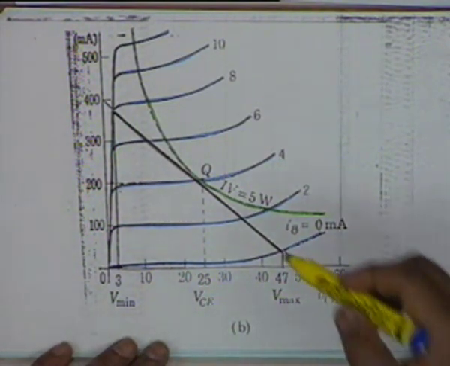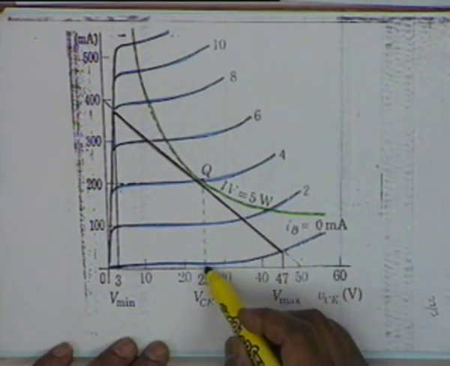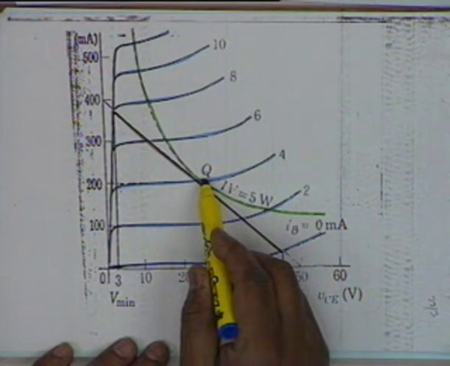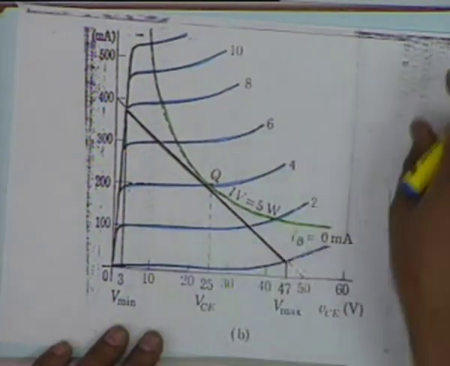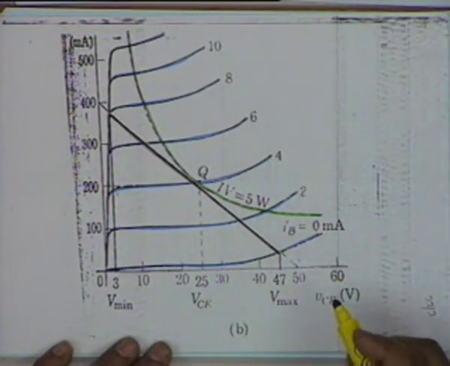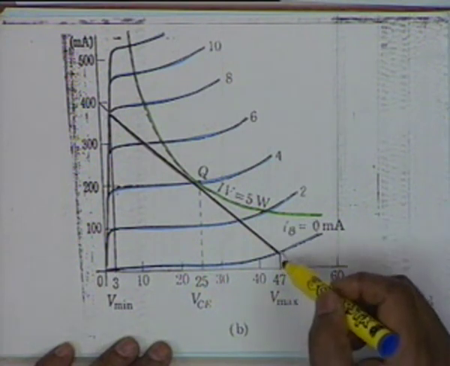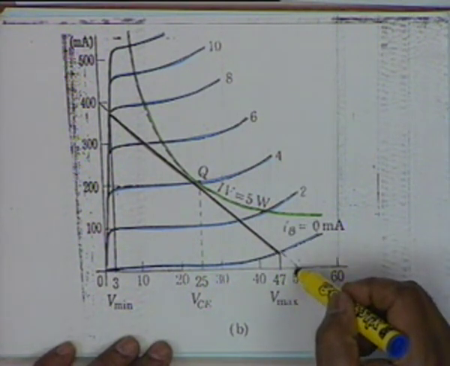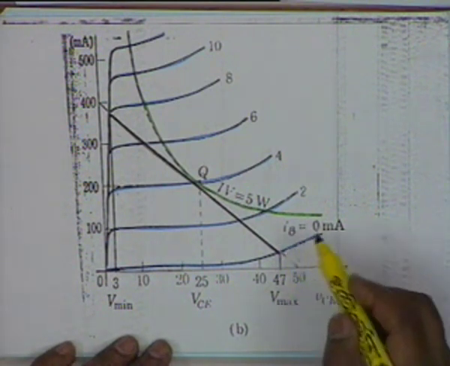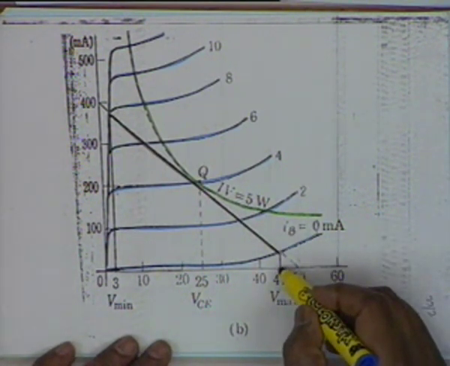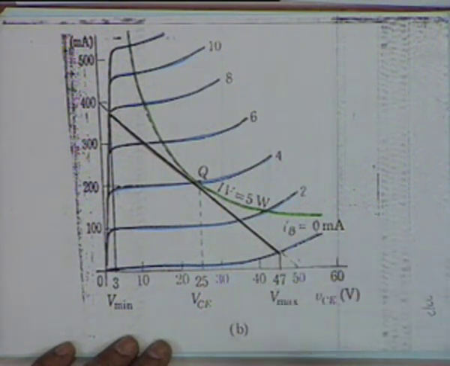You see, this is the 125 ohm line, 25 volt, 0.2 ampere, this is the Q point, and these are the actual characteristics, the blue lines. Now if you look at the actual characteristics, you notice that the AC load line, the red line, cannot quite go to 50 because it crosses the IB equal to 0 milliampere line, and therefore this must be your maximum VCE. You cannot go to 50, you can go only up to about 47.